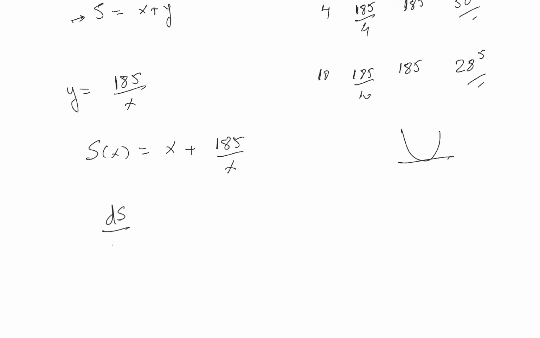So we find the derivative of s respect to the x, which is 1 plus the derivative of 185 divided by x, or x to the minus 1. The derivative respect to the x is minus x to the minus 2, or minus 1 divided by x squared. So it will be minus 185 divided by x squared.